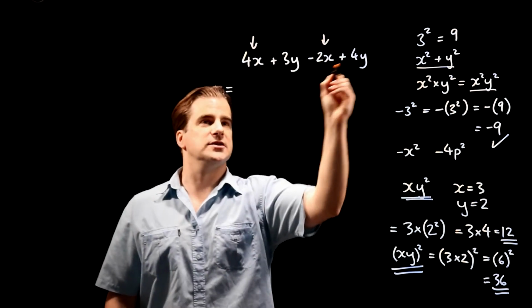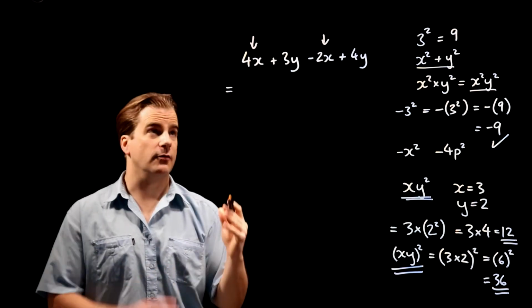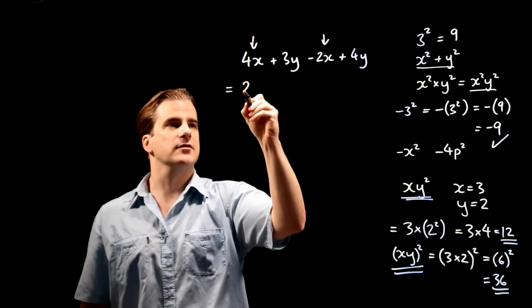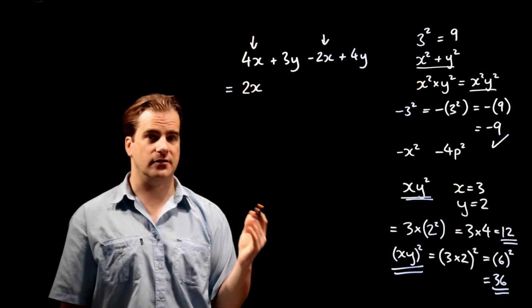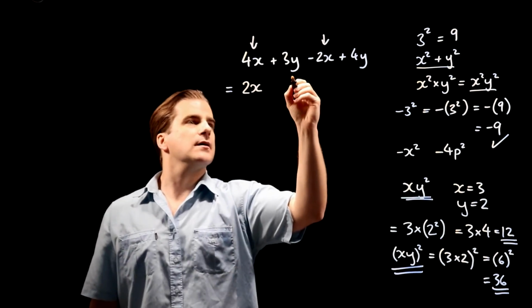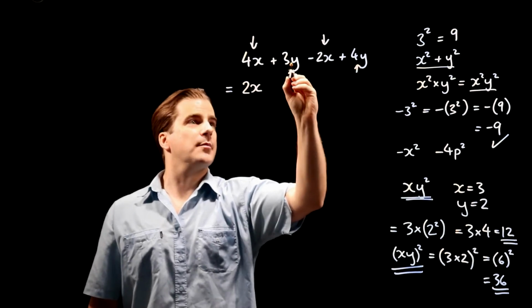So this whole expression is equal to 4x minus 2x. So 4 of something minus 2 of something is 2 of something. So it's 2x. 4x minus 2x is 2x. And we can also combine these two, because they're both y terms.